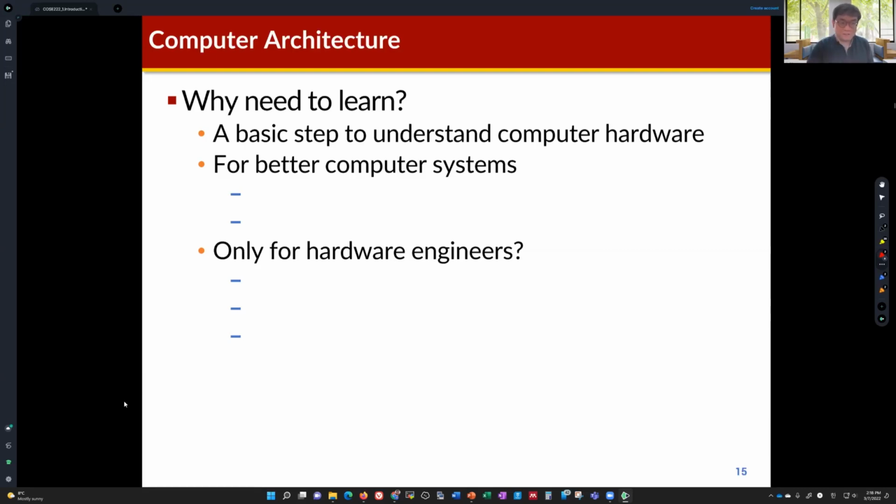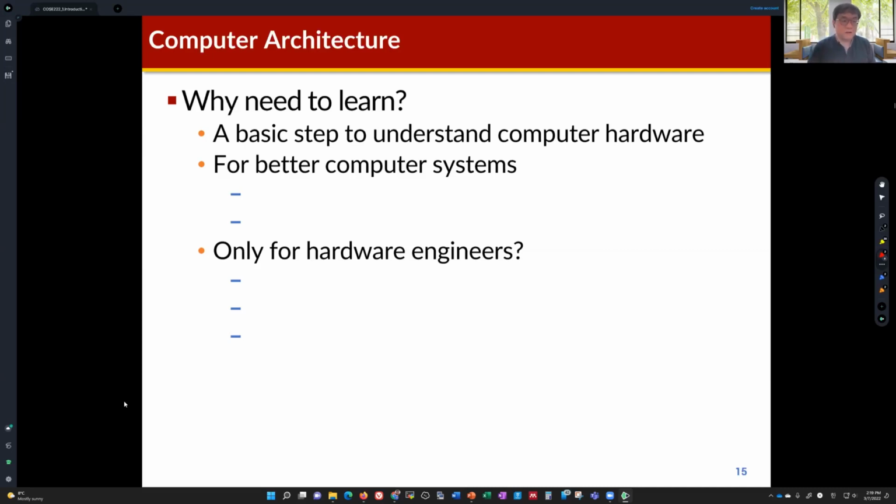What is a coder? A coder just writes code, but you are an engineer, working on computer systems, computer software, and computer hardware. So computer architecture is a baseline step to understand how a computer works.